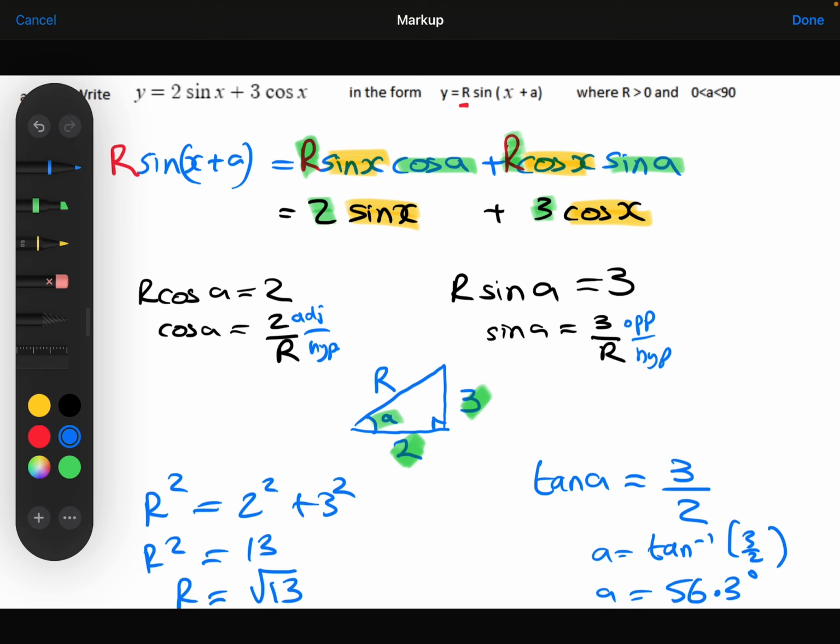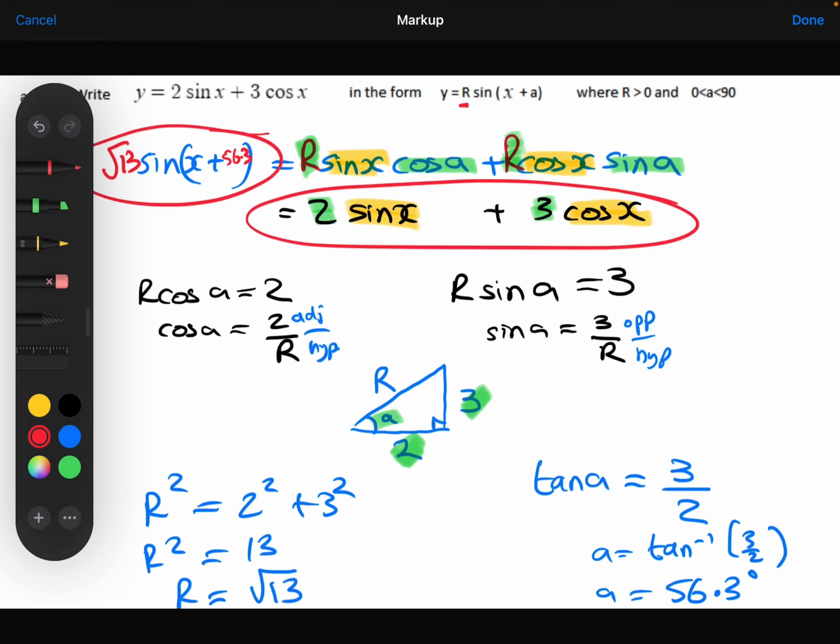So what we have just found is that if r is root 13, and if a is 56.3, then this is the same thing as this. So I can rewrite this expression in this form.